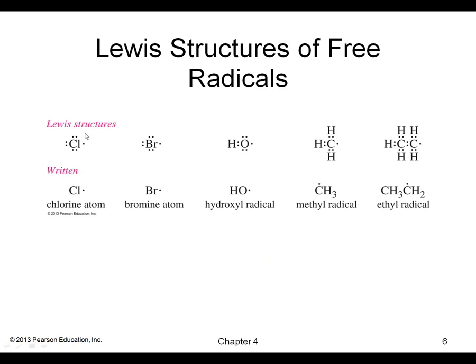The Lewis structure of radicals can be shown like this, or oftentimes we'll just simply write it as Cl dot. Okay, same thing for these other radicals, the hydroxy radical, and so on. Okay, so the radical we always show by a single dot on that atom.